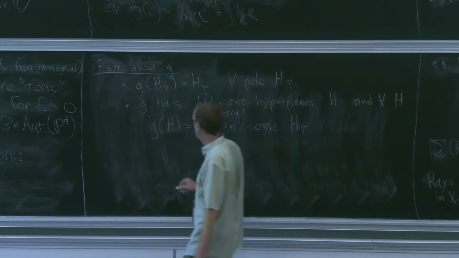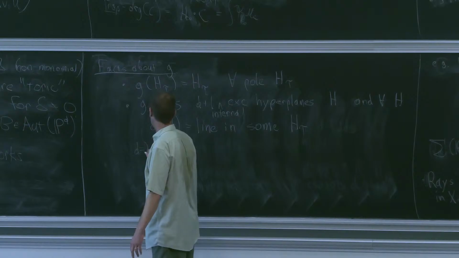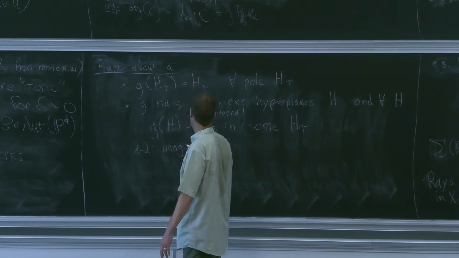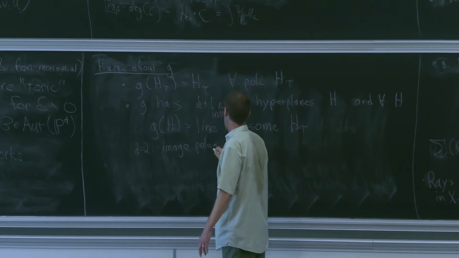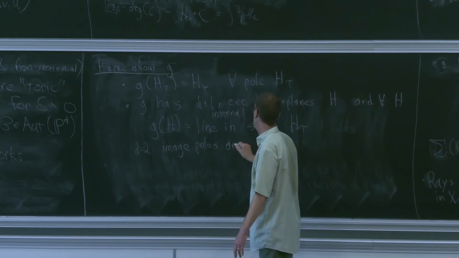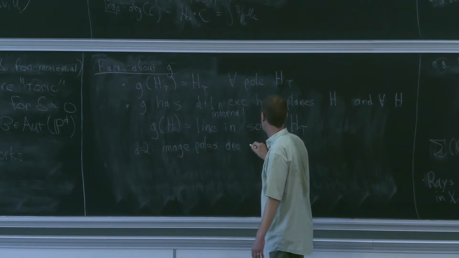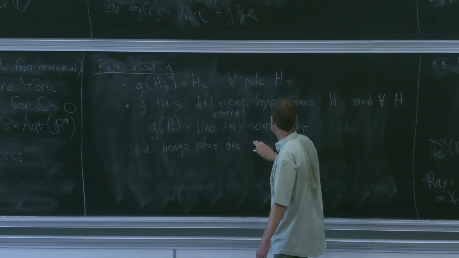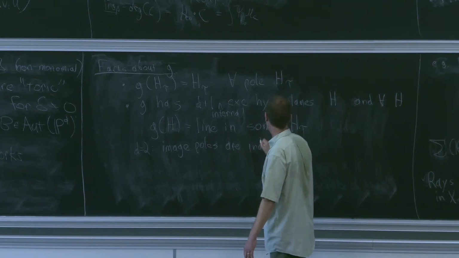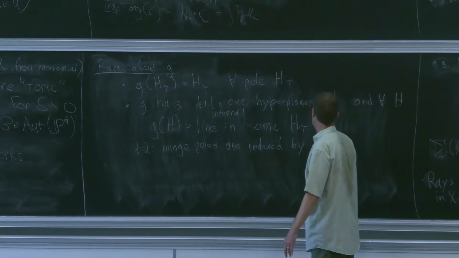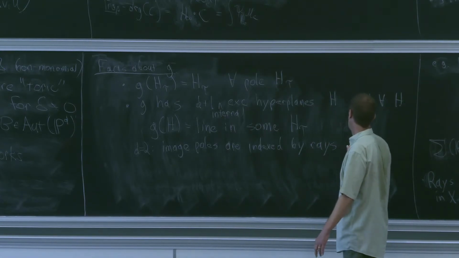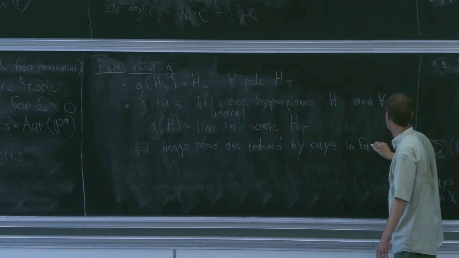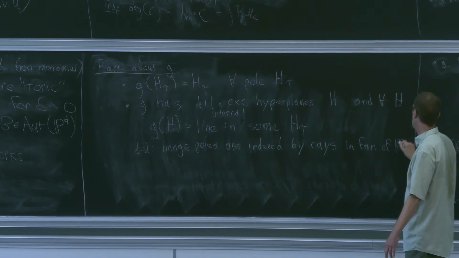When d equals 2, the image poles are the ones indexed by the rays in the fan of P^2.